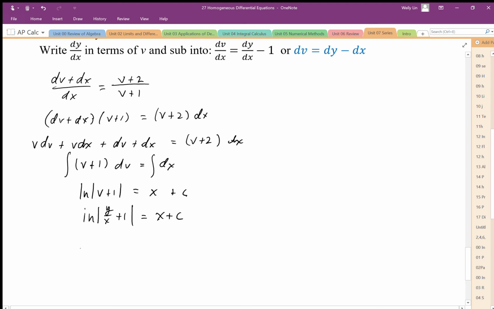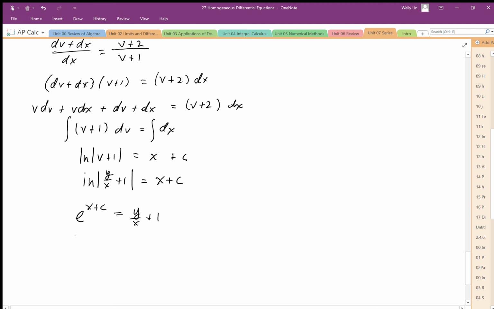So e to the x plus c, I'm going to turn that e to the c into k in the front, is equal to y over x plus 1.